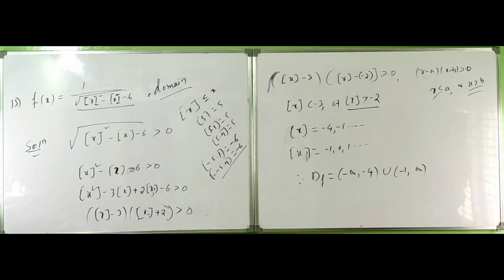I should write this as x is less than a and x is greater than b. One thing should be positive here.